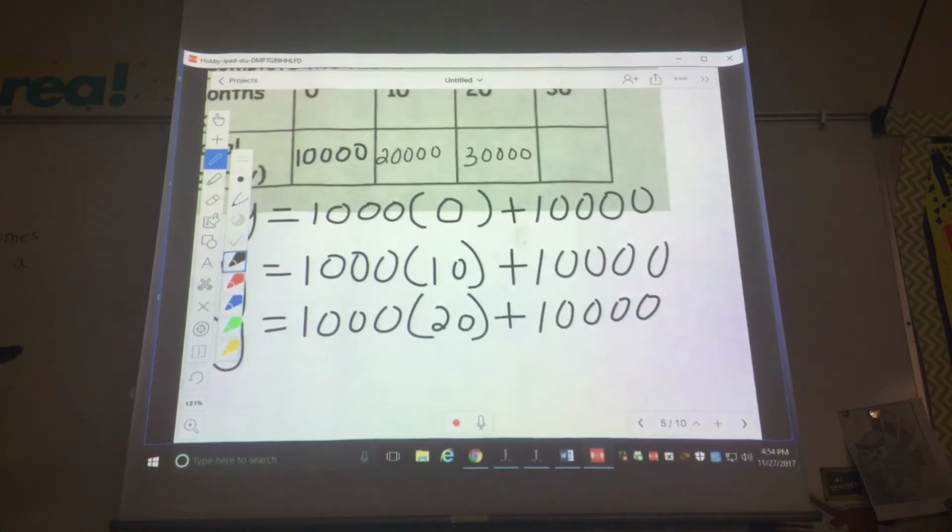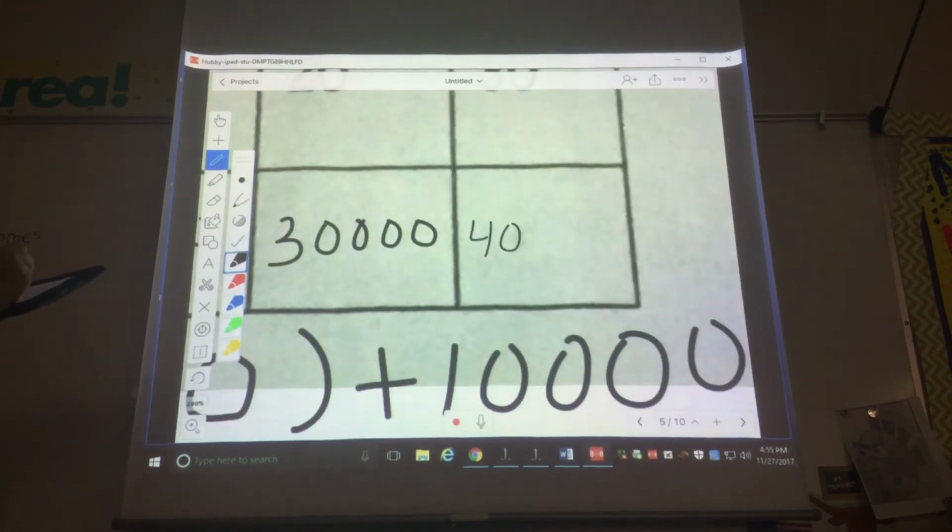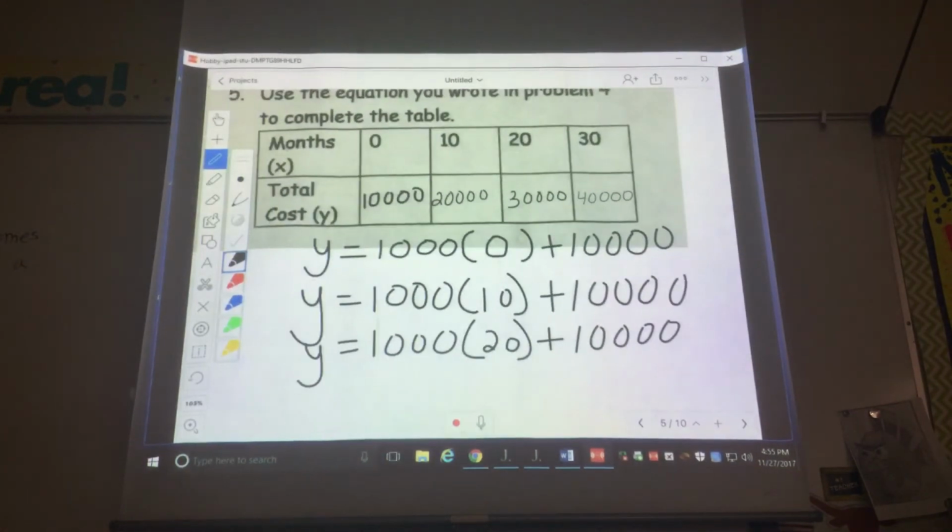Okay, you see the pattern. What's going to be next? 40,000. So that's what we got for the table. Kind of 4 and number 5 went together. That's okay. That's number 5.